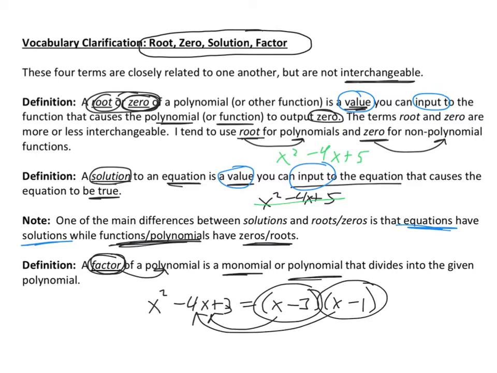So just to be clear, the words root, zero, and factor apply to polynomials, and a solution applies to an equation. I would encourage you all to really work carefully to try and use these words properly and precisely as we move through this lesson.